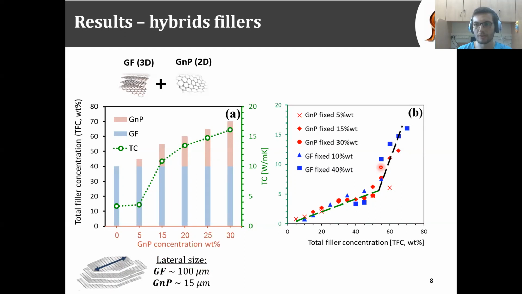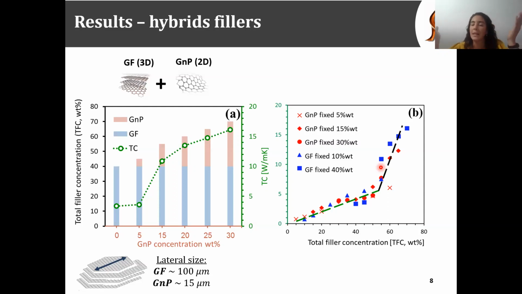Okay, this assumption is relevant only for carbon-based materials, since we know that the GNP and GF are characterized by similar thermal properties. Therefore, the combination of both has only a minor effect on the entire behavior, only on the ability to load more filler.